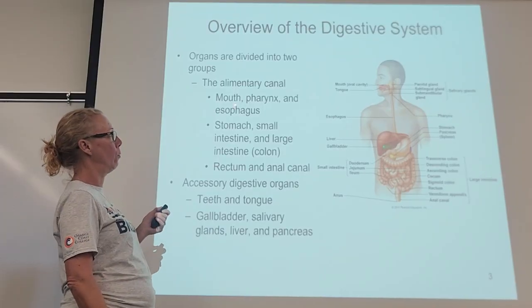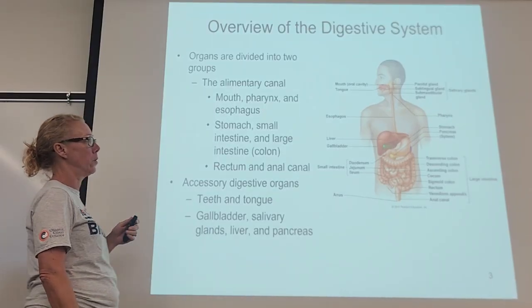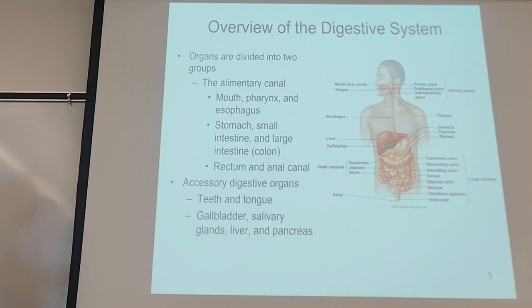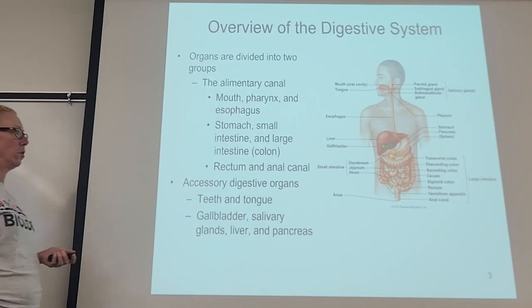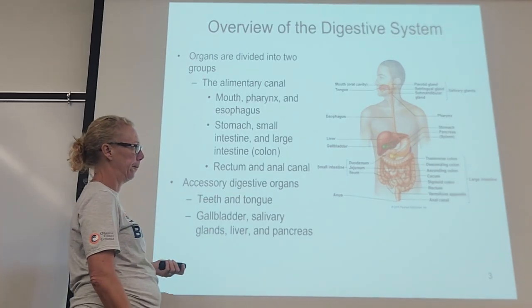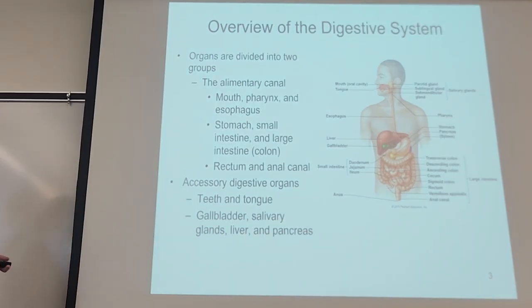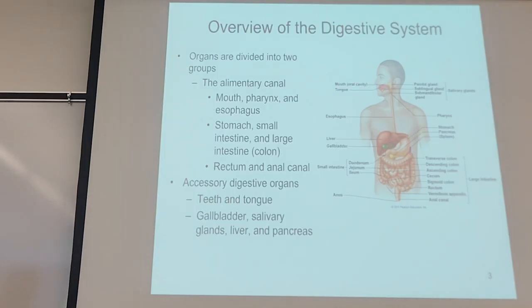Starting with the mouth, we've identified the pharynx, the three regions of the pharynx, the esophagus, stomach, small intestine, large intestine, we know is also called the colon, and then at the opposite end of the tube, we have the rectum and anal canal.